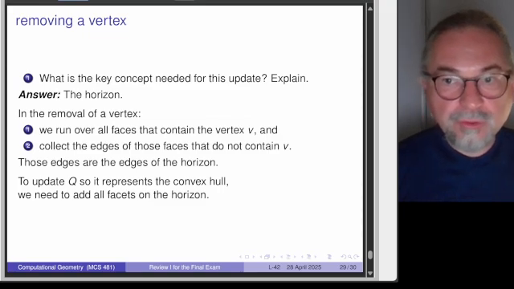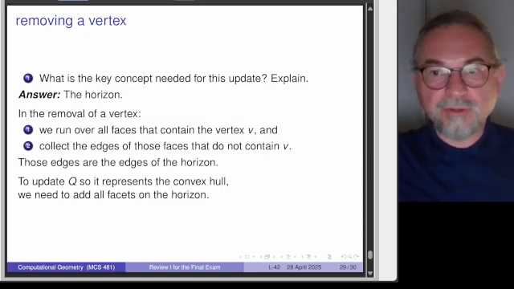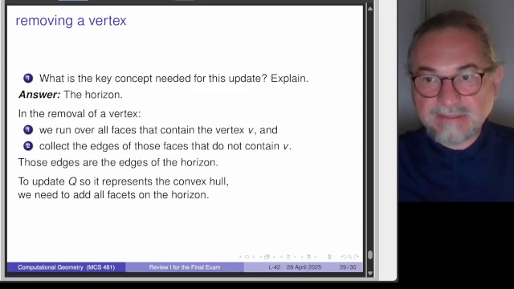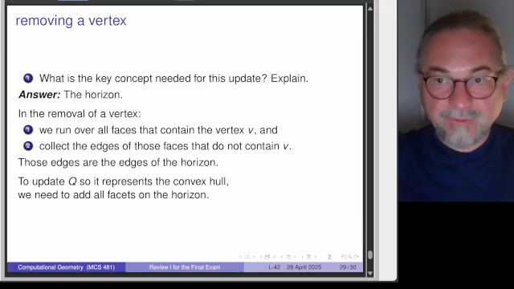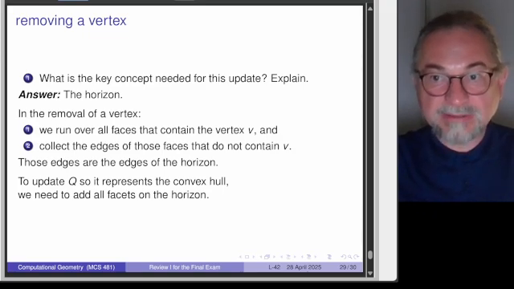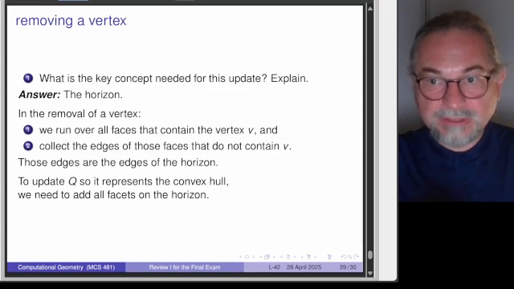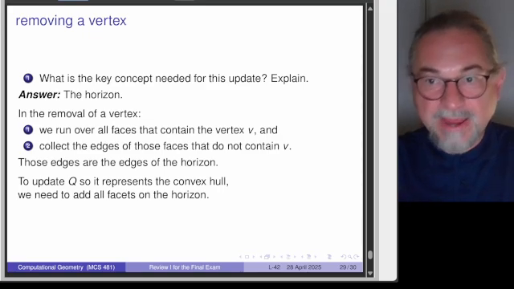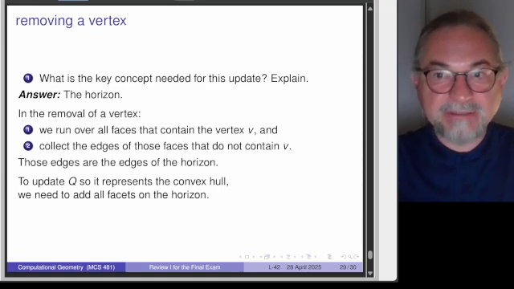So if you remove a vertex, you have all the facets that contain that vertex on their boundary. They are actually all triangles. So what remains of these facets are the edges.